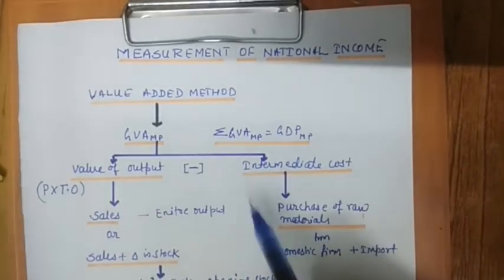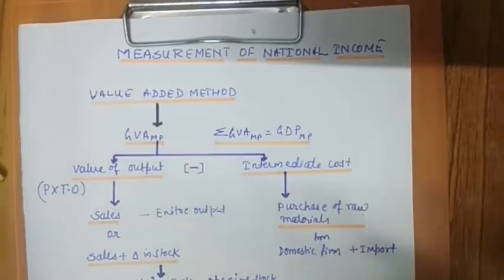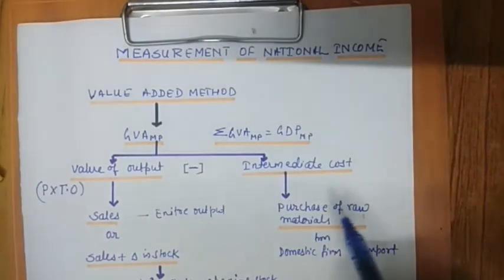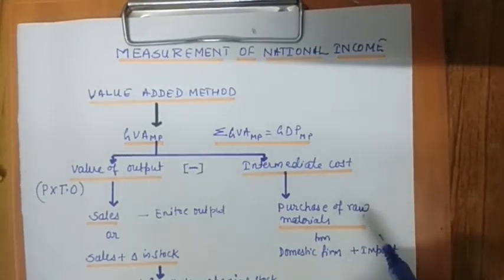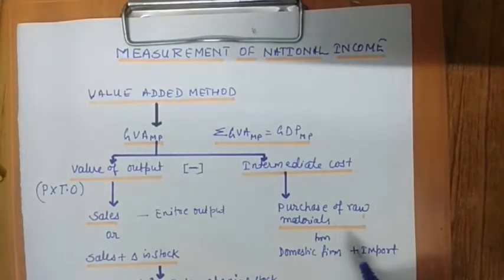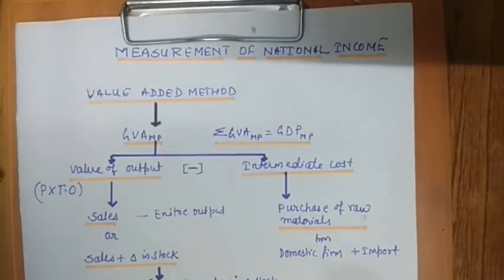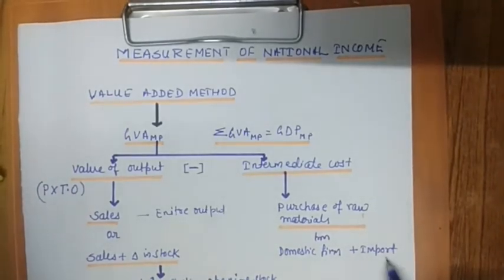The next part is intermediate cost. Intermediate cost is the purchase of raw material. Generally, it includes purchase of raw material, fuel, power, etc. Note, the purchase of intermediate goods may be from domestic firms as well as from foreign firms.